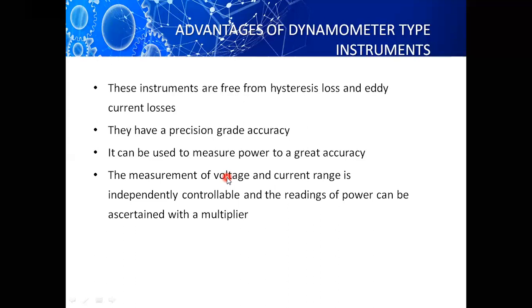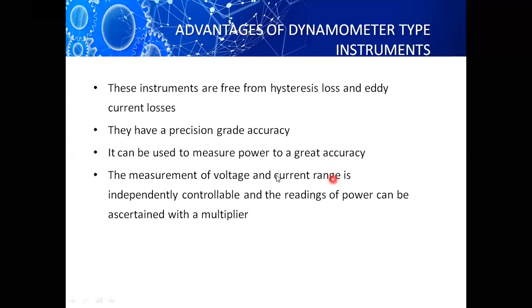Now the current through the pressure coil is proportional to the voltage, and then we place a high non-inductive resistance in series with the coil. At that time we can have different tap positions of the resistance. That means we can have different voltage range extensions there.